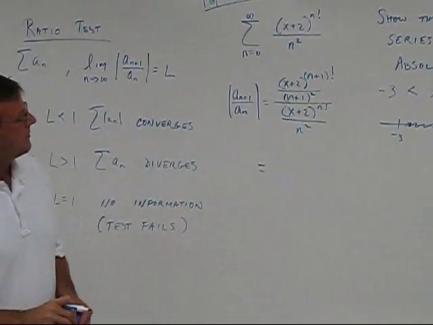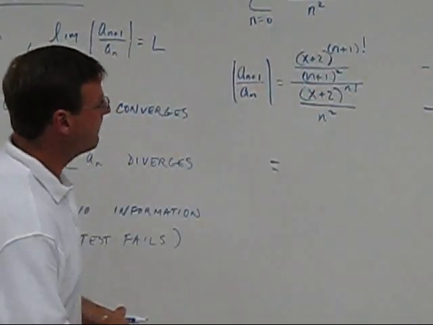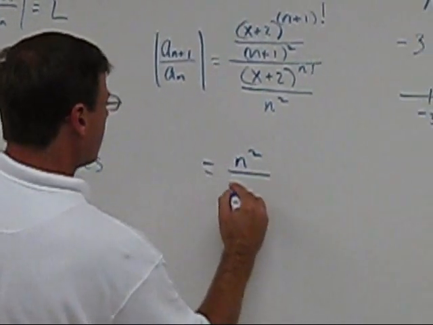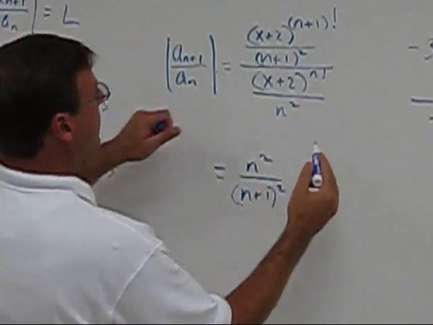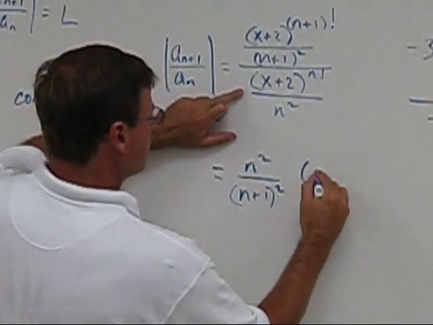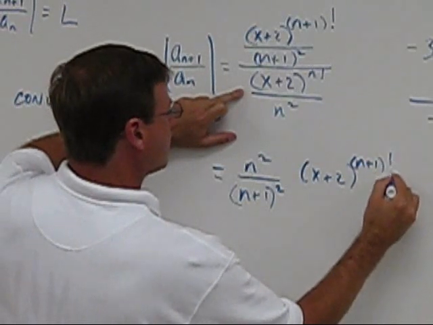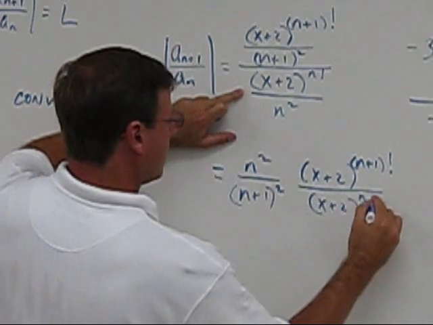So when I'm dividing a fraction by another fraction, I can just flip it and multiply. So this is equal to n squared over (n+1) squared, and then I have (x+2) to the (n+1) factorial over (x+2) to the n factorial.